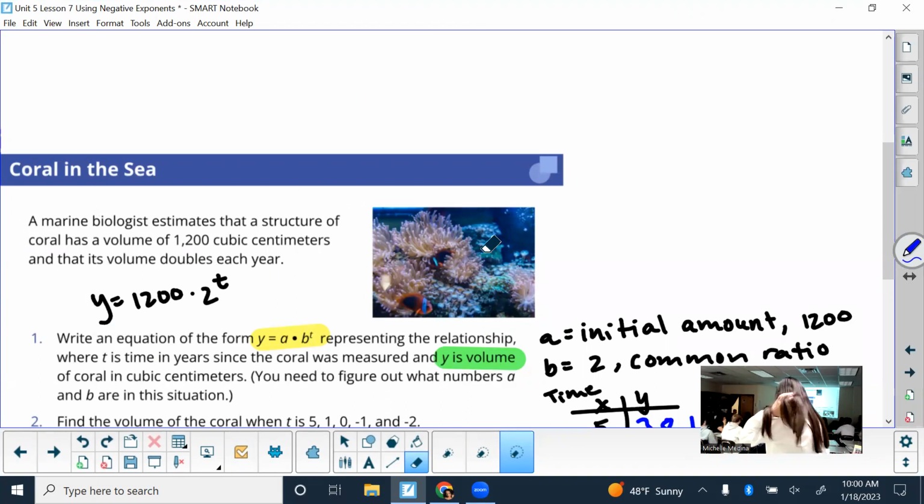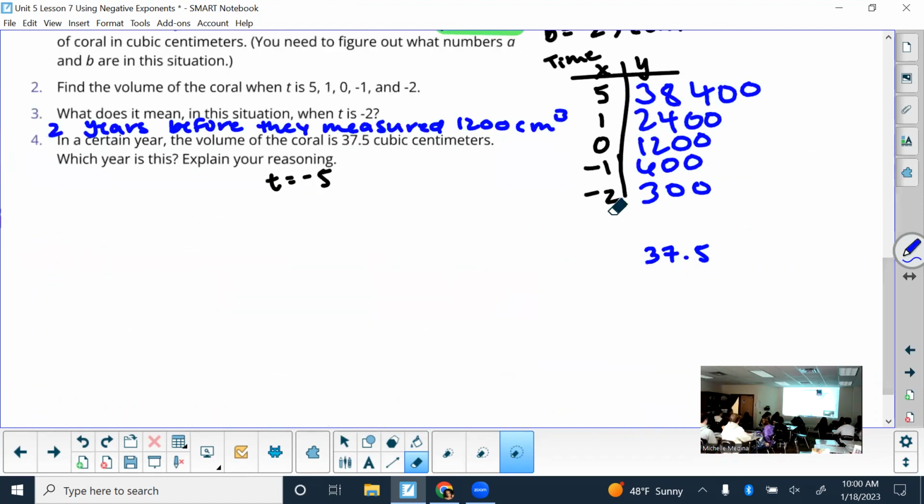So another way that you could have done it is kept the pattern going, of course, in the direction where the numbers are smaller. So as the numbers get smaller, what's the pattern, like going from 1200 to 600 and then 600 to 300? What's that pattern?